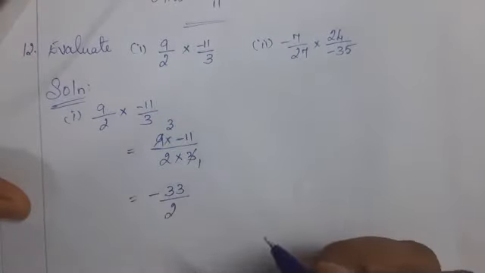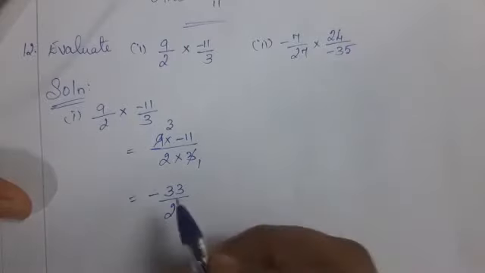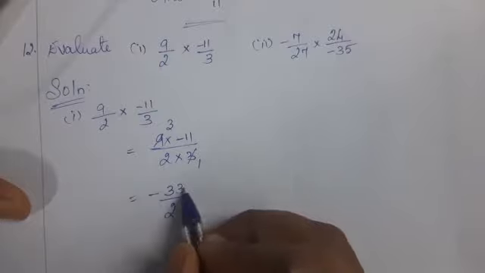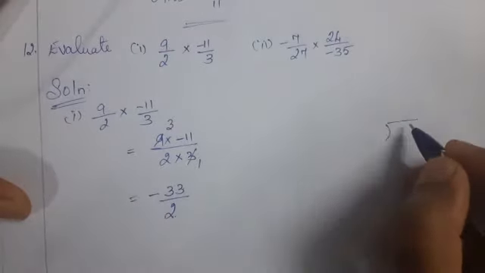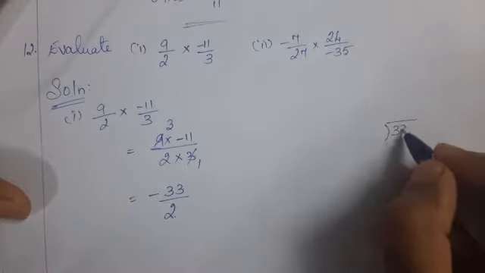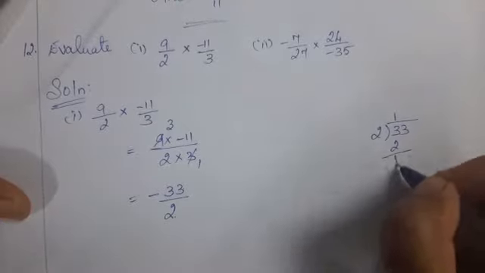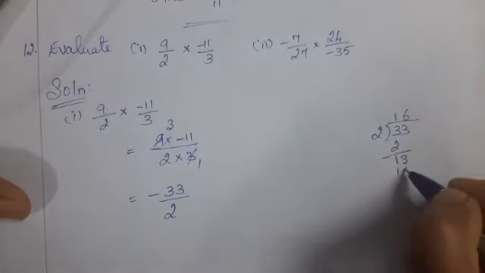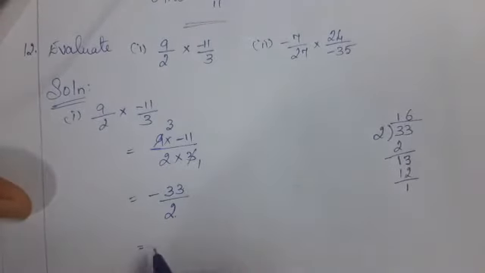Now the denominator is 2. One more thing, you must always check if the numerator is greater than the denominator. If the numerator is greater than the denominator, you must change it into a mixed fraction. That you know already. Take the numerator divided by the denominator. 1 2 is 2, remainder 1. Take the next term, that is 3. 6 2s are 12, remainder 1. Therefore, write the quotient, that is 16.